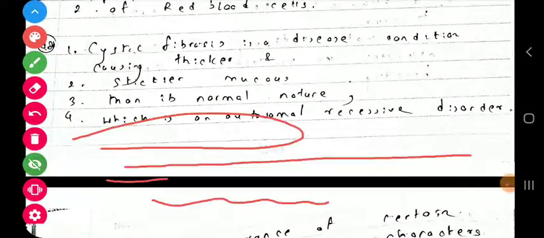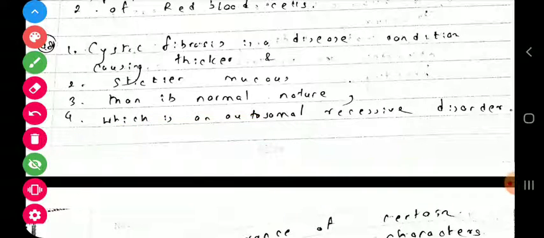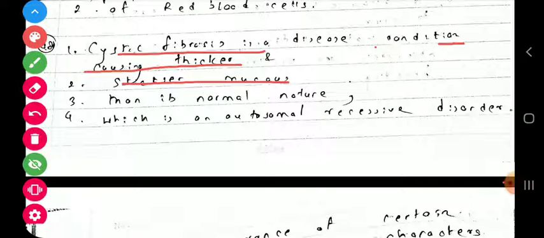The next one is this. What is cystic fibrosis? Cystic fibrosis is a disease condition causing thicker and stickier mucus. The mucus is thick, feature number 1, and the mucus is also stickier, feature number 2.